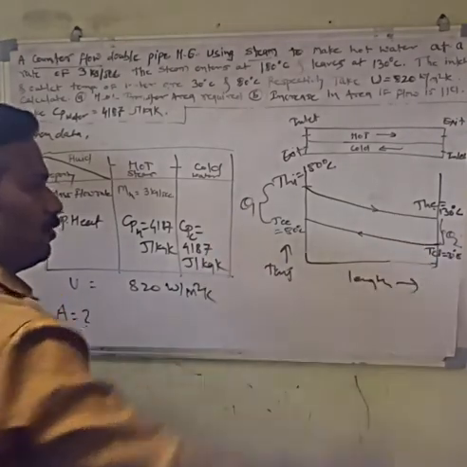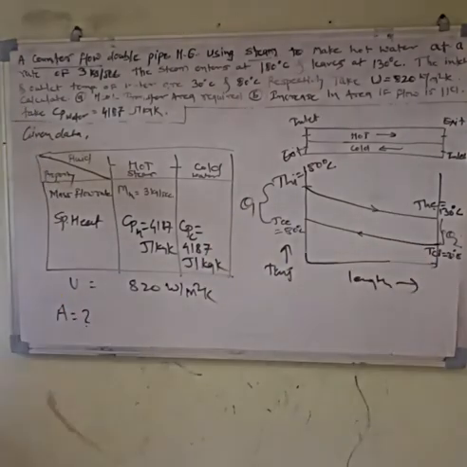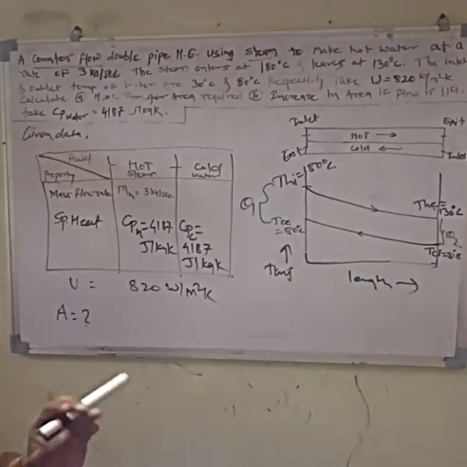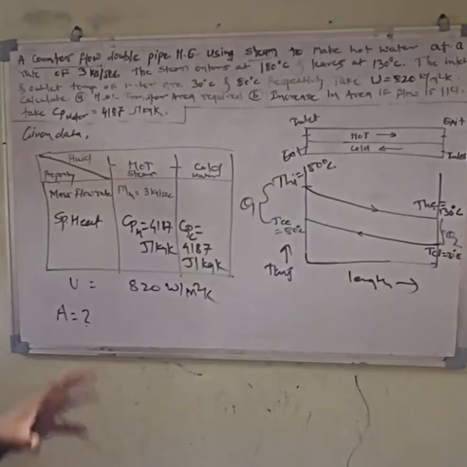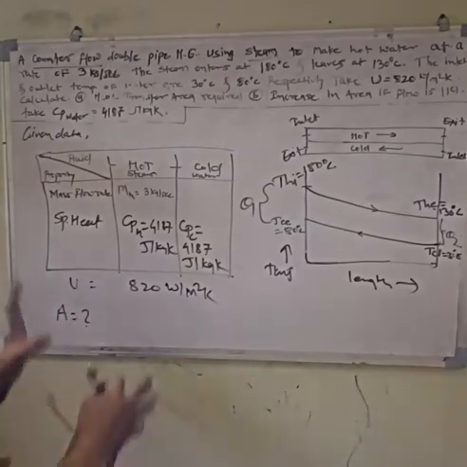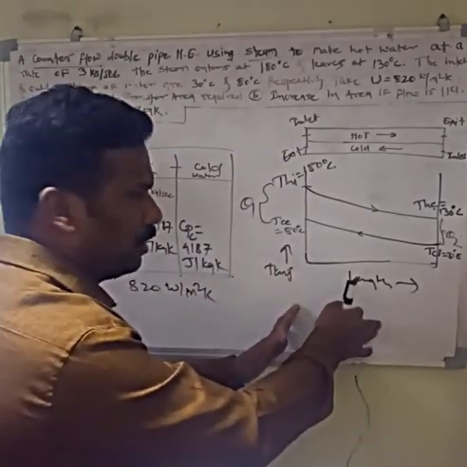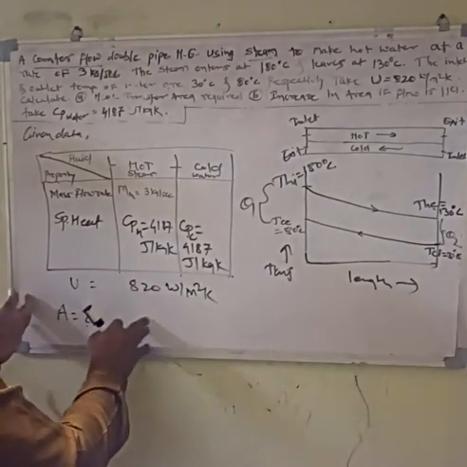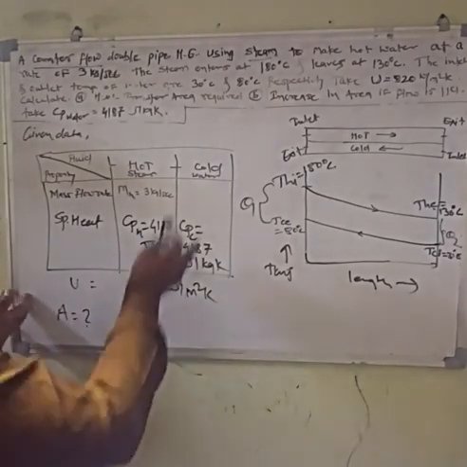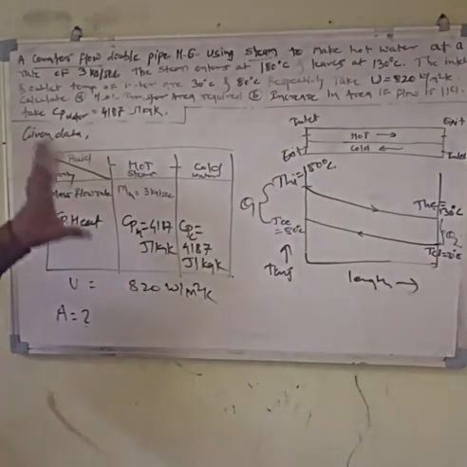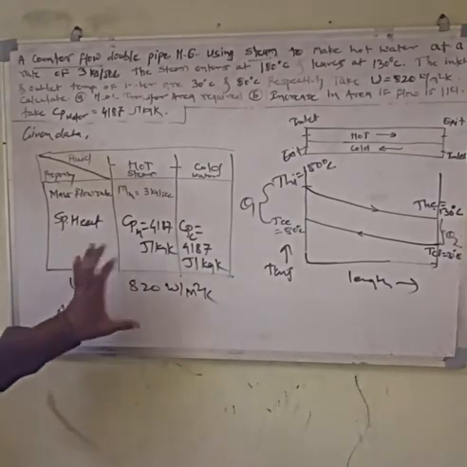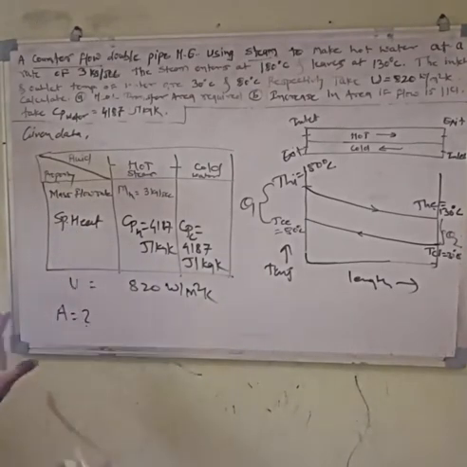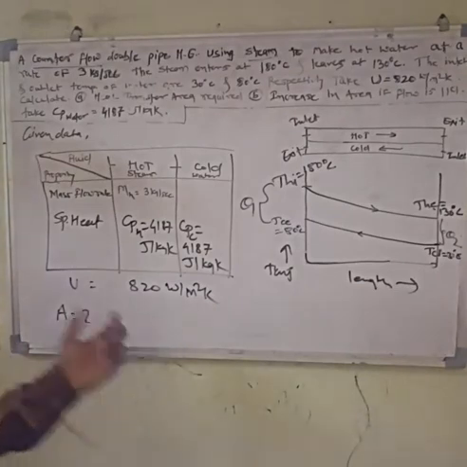Theta 1 and theta 2 are important to find the value of theta m. In the given data we have to draw this graph along with this table. All the properties in the problem must be put into this table. After that, by using only two formulas, we can easily find whatever is required.